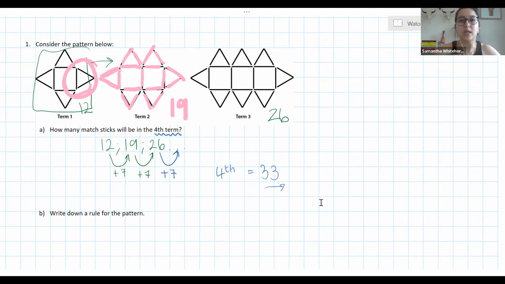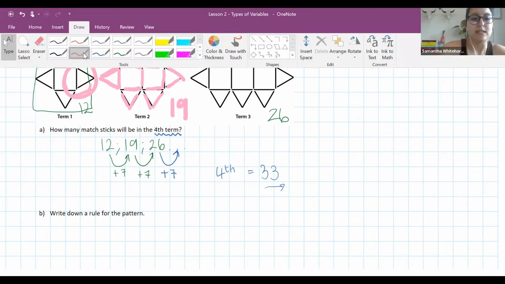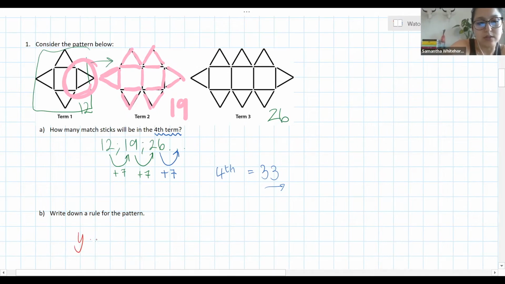But when I'm talking about a rule, either I want a rule that says y equals and then some sort of equation. Some of you might do it with tn equals and then some sort of formula. At this point, I don't have a preference, which we're eventually going to start to talk more specifically about this.